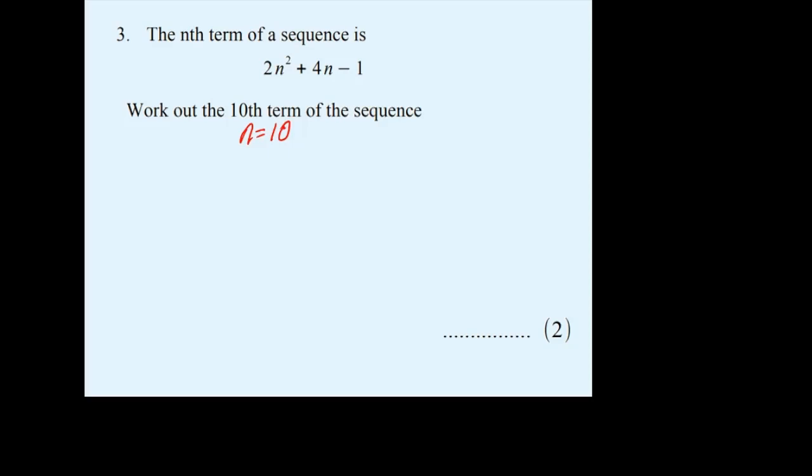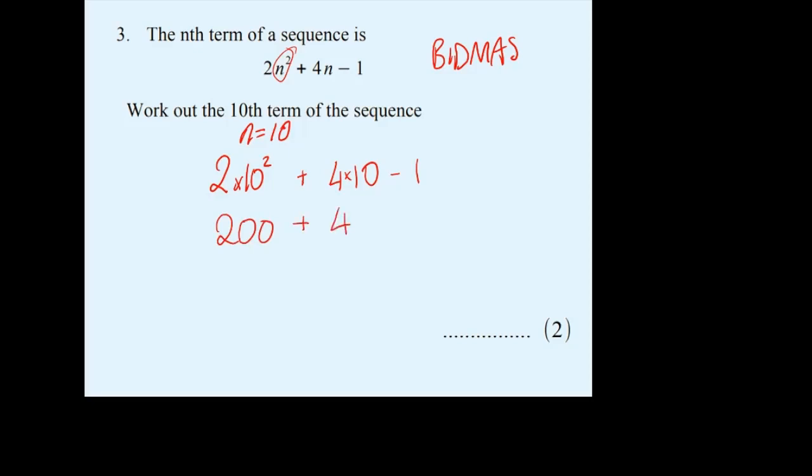I'll say this now, be really careful to remember your rules of BIDMAS. You need to do the powers, the index, before you do the multiplication, or you will get the wrong answer. So it is 2 times 10 squared plus 4 times 10 minus 1. 10 squared is 100, times 2 is 200, plus 4 times 10, which is 40.